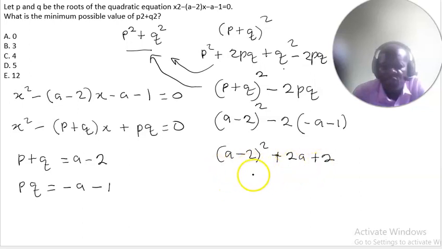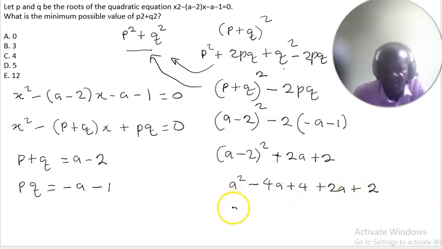Definitely this is going to give us a quadratic expression. So we have a squared minus 4a plus 4, then plus 2a plus 2. So this will give us a squared minus 4a plus 2a, that is minus 2a, and 4 plus 2, that is plus 6.